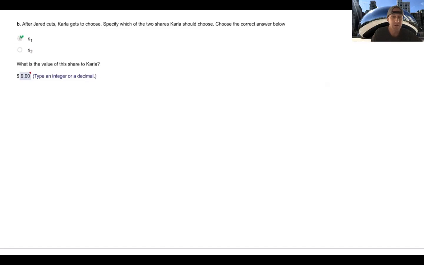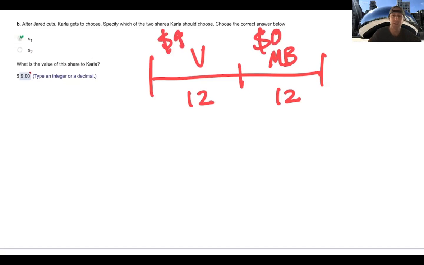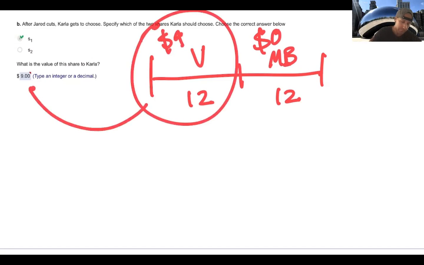So therefore, she is simply going to make of that entire sandwich, all 24 inches, the 12 over here and the 12 over here, the vegetarian and the meatball, she's going to have this at 0 value to her, which means the whole side over here that's vegetarian will be worth the entire total of the sandwich, $9.